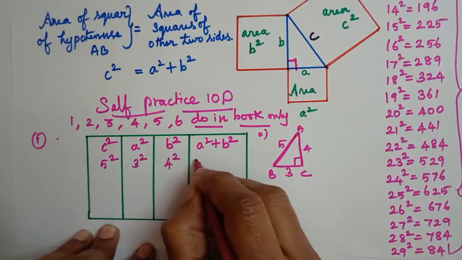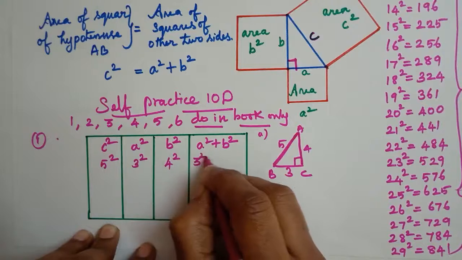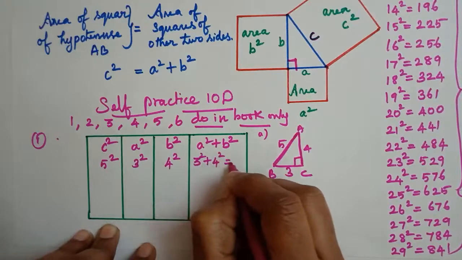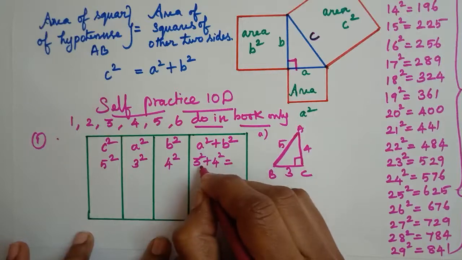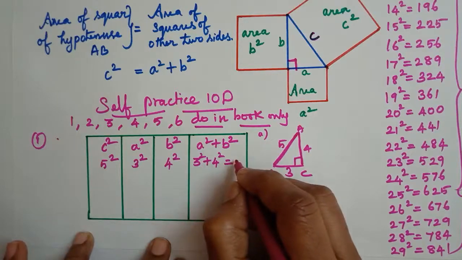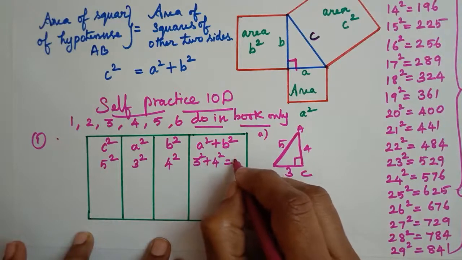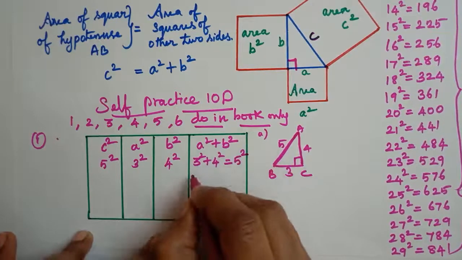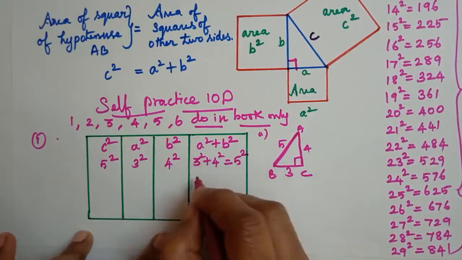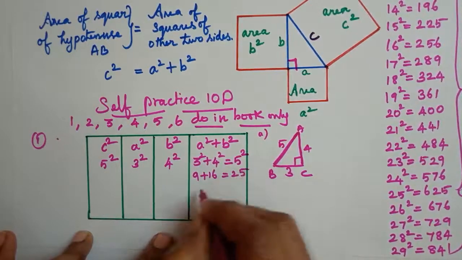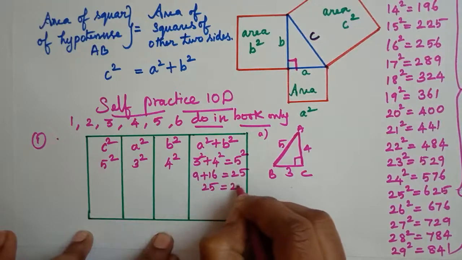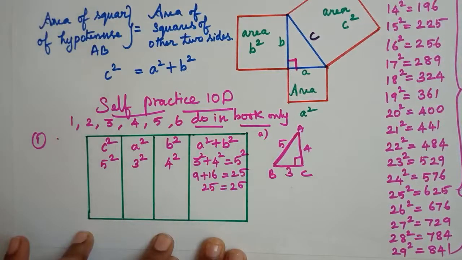So 3 squared plus 4 squared is equal to 9 plus 16, that is 25. 25 means 5 squared. So 3 squared plus 4 squared is equal to 5 squared. 9 plus 16 is equal to 25. So 25 is equal to 25. Is it clear?